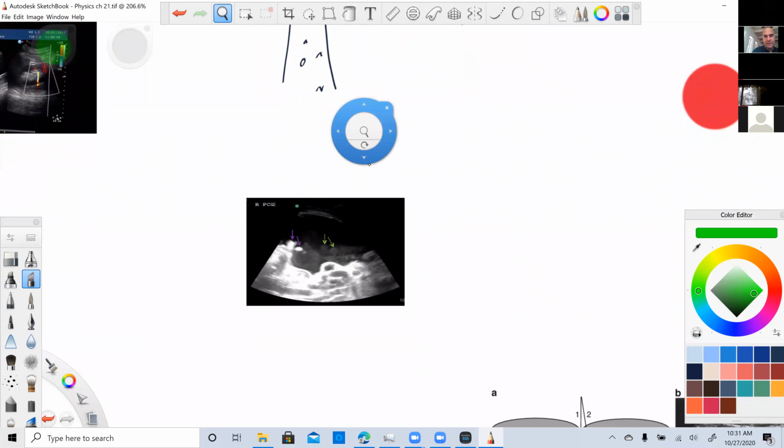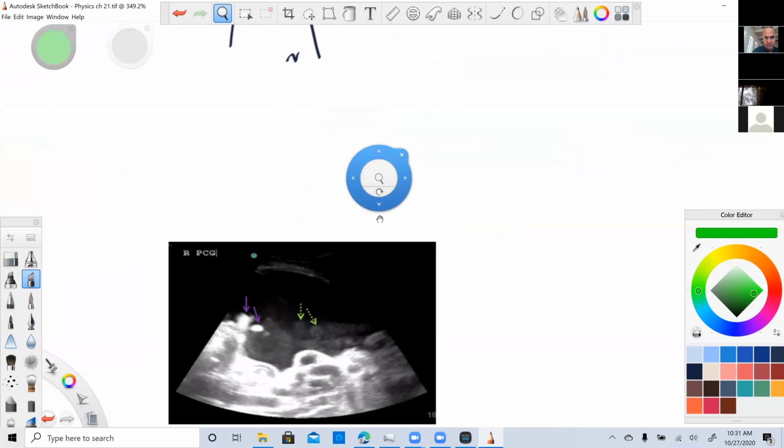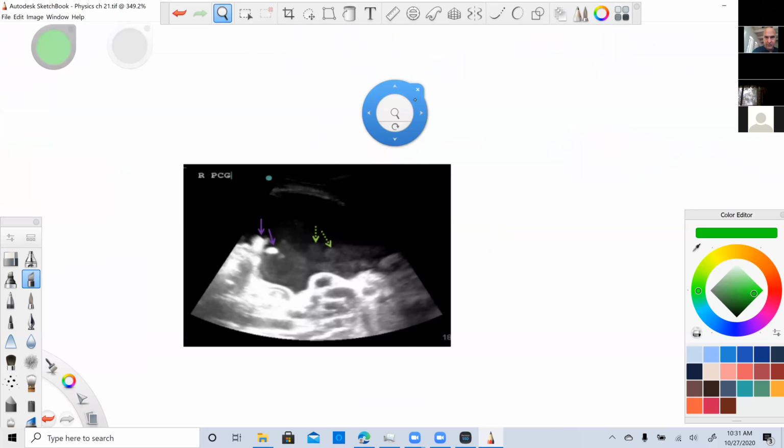And so what do we have here? I chose this one because this is really good. Okay, I know what I'm looking at. This is ascites, and it looks like loops of intestine.